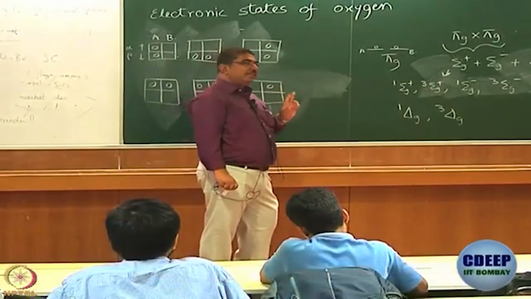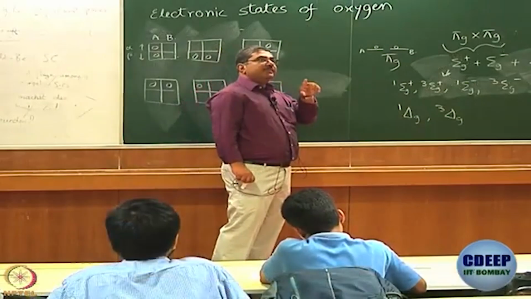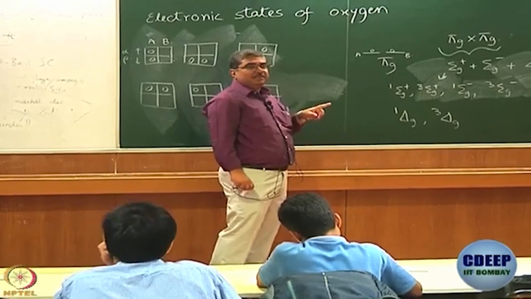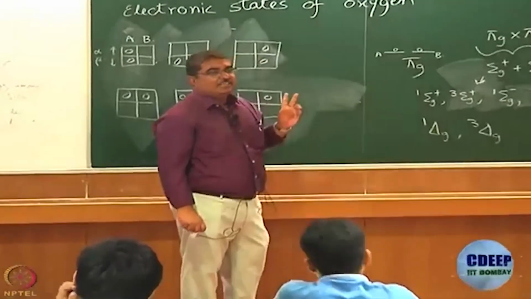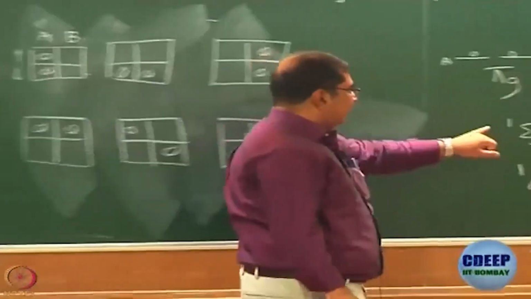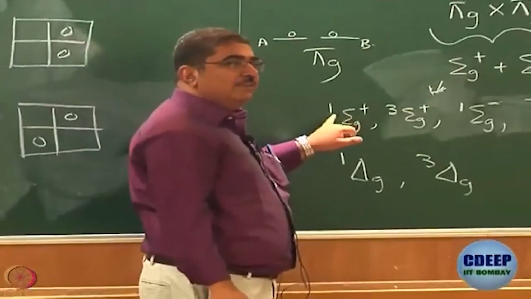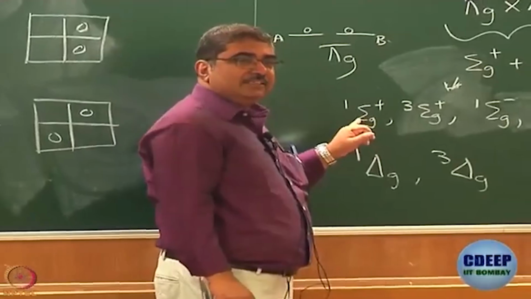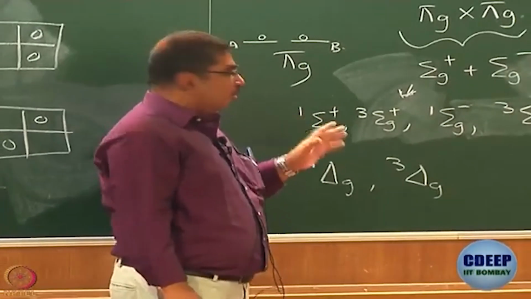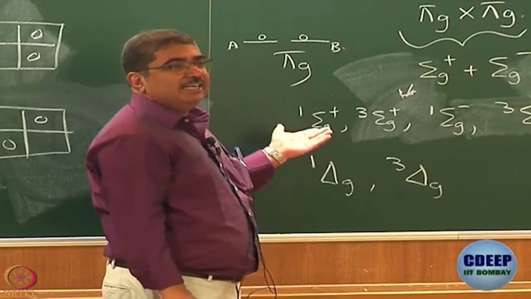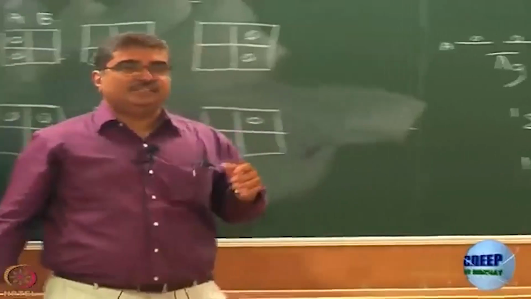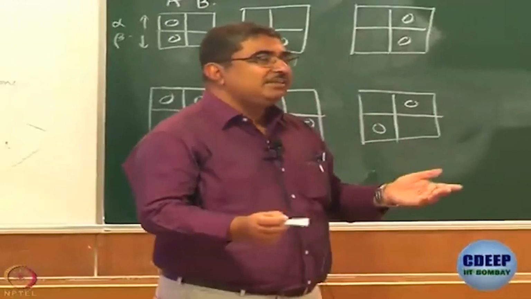To do that, first of all, let us think singlet and triplet, which ones are symmetric, which ones are antisymmetric. The spin part, is singlet symmetric or antisymmetric? And triplet is symmetric, right. So, I should write singlet only with the symmetric space parts, I should write triplet only with antisymmetric space part. Now, which of these space parts are symmetric, which are antisymmetric? Sigma G plus, is it symmetric or antisymmetric? Sigma G plus is totally symmetric representation, right?